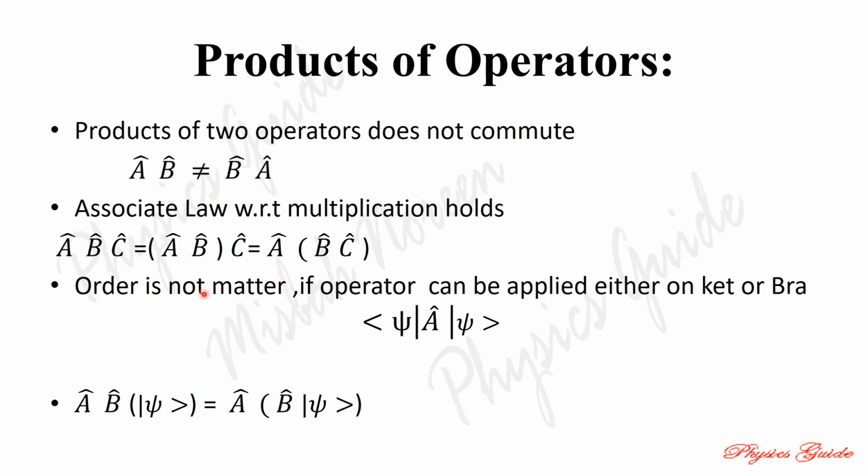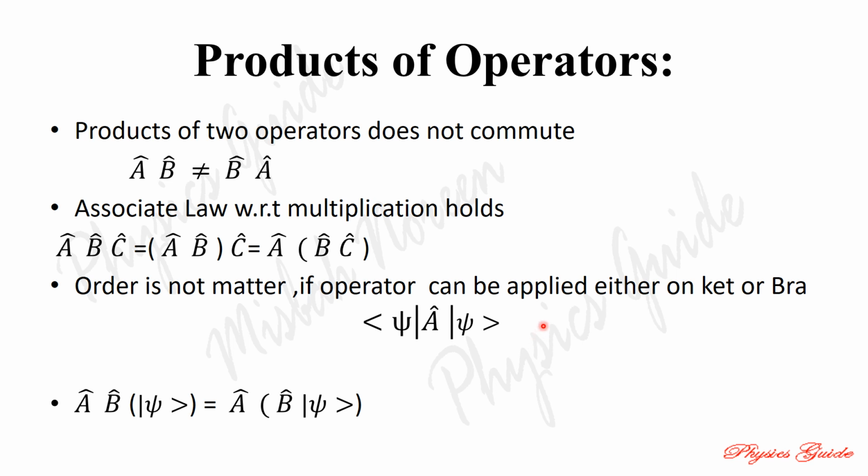Students, one thing should be remembered: order does not matter when an operator is applied on either a ket or a bra. In other properties, order matters, and if we apply an operator on a state function or vector, we always write it on the left side of the function.